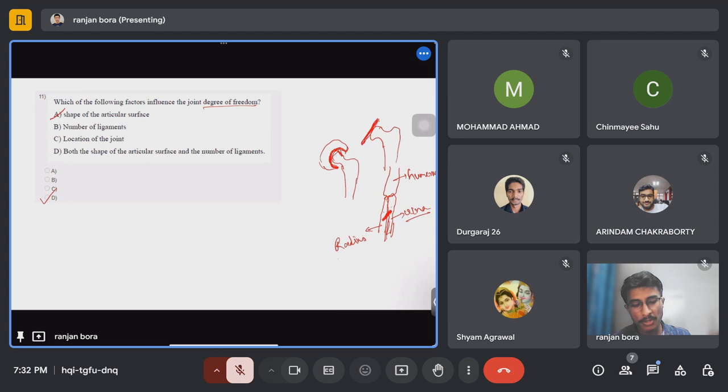Because of that these two are in a fixed position; the ulna bone can't get away from the radius bone. It is always in contact with the radius bone because of this ligament. So ligaments also influence how a joint behaves, how there is movement in the joints.